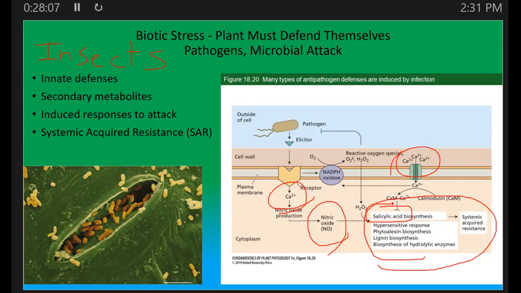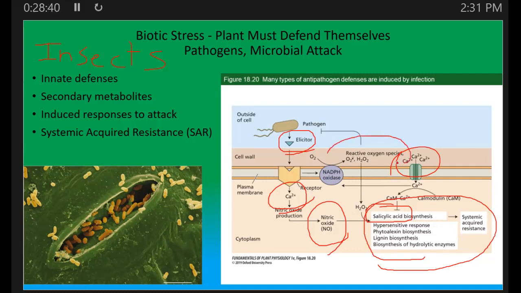It's not just one little thing that it does. Okay, it's capable of kicking in several different defense mechanisms. And what it's doing is trying to assess exactly what is attacking, and it can usually figure that out by these so-called elicitors. Okay, so the elicitor is usually part of the pathogen, like the flagella or maybe a piece of its cell wall or something like that that it can pick up on.